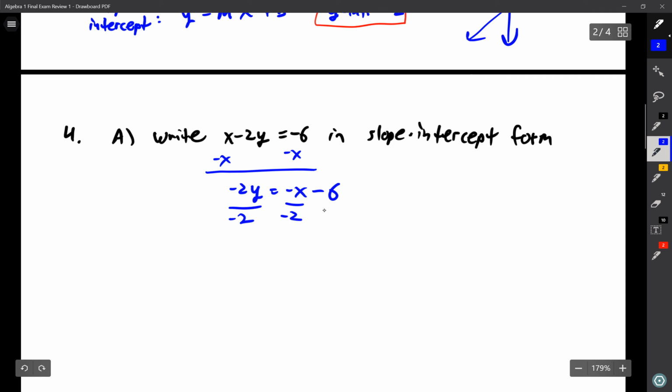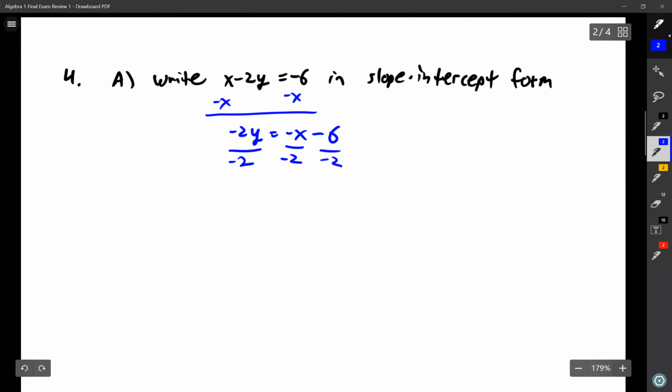So that will give me y equals -1 over -2 is a positive 1/2 x. And then -6 over -2 is a plus 3. So that is my equation in slope-intercept form.